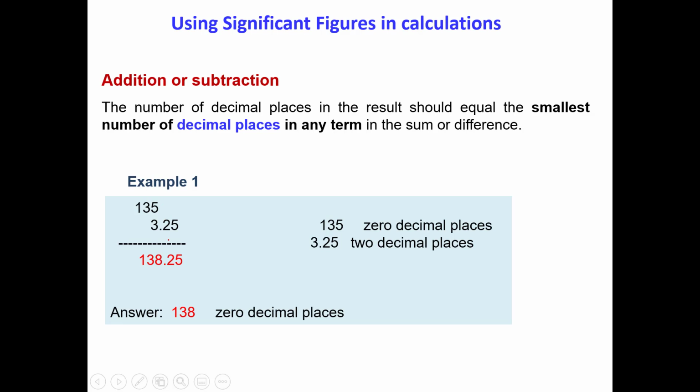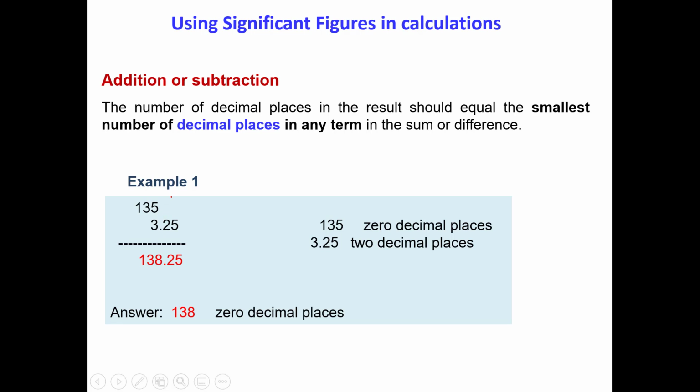For example, this is the result of two measurements, and we need to add them. Then we need to take into account the number of decimal places. How many decimal places do we have in this case? 0 decimal places. Yes. If there is no explicit decimal point, we know the decimal point is at the end, as it is here.